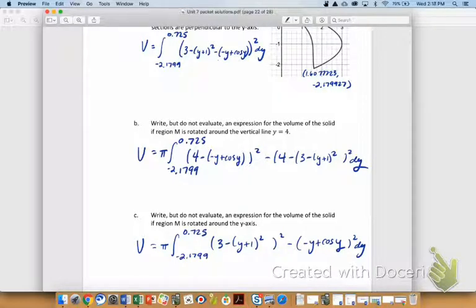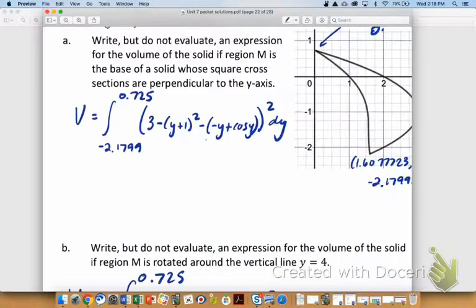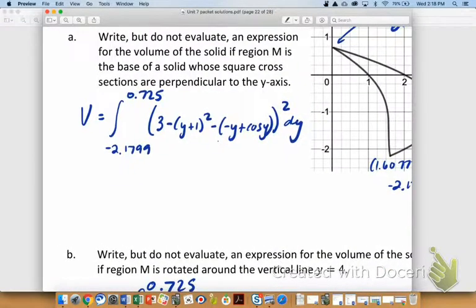Okay, hey guys, listen up. Allie said for the very first one, you got the integrand flipped around? Basically I did negative y plus 9y.